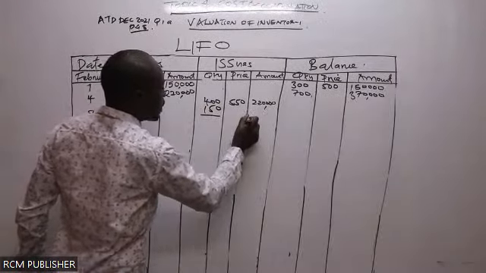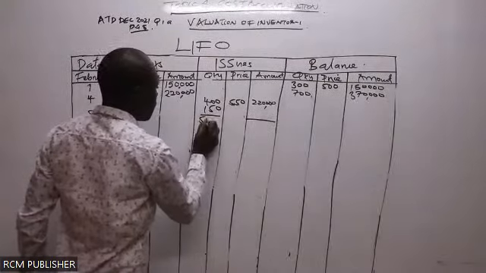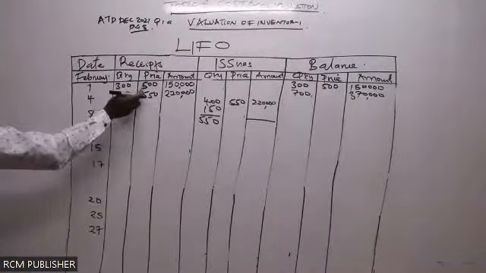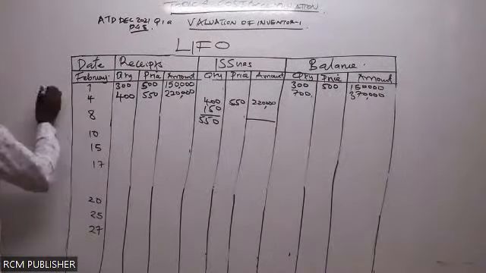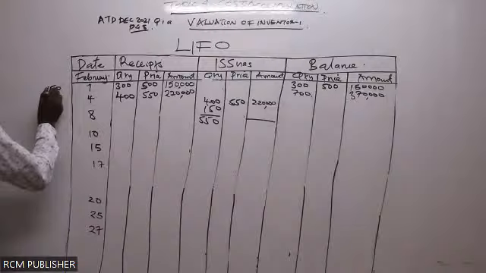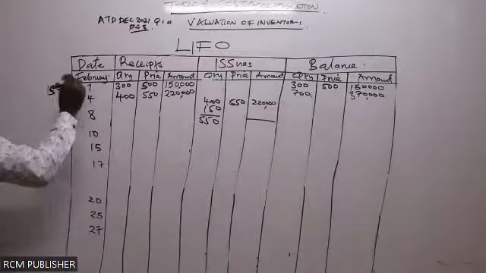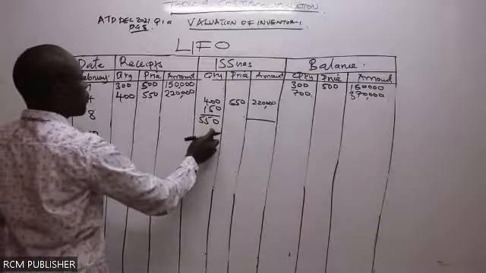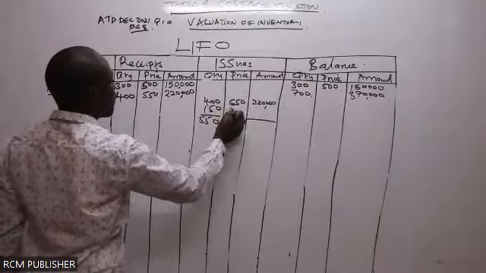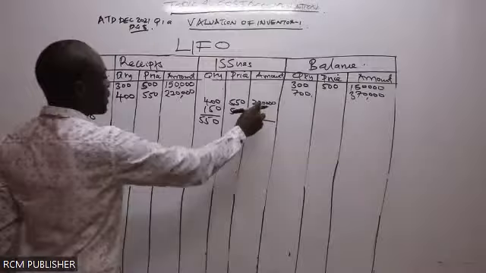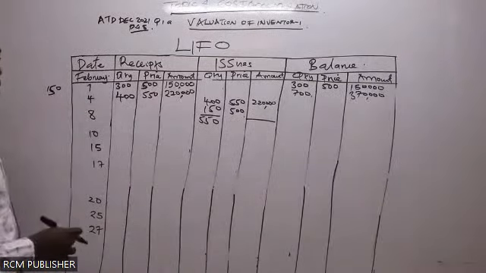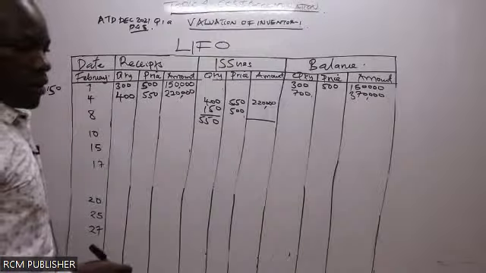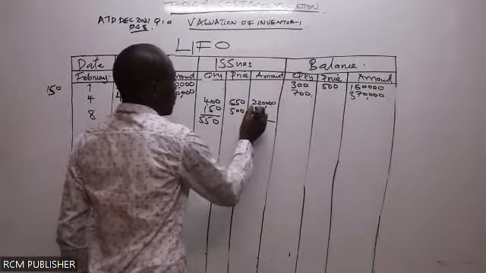So if I take 150 from 350, my balance will remain 150. That 150 is still there untouched. The 150 I'm taking to make it 550 was brought in at 500. What are we getting? 75,000.